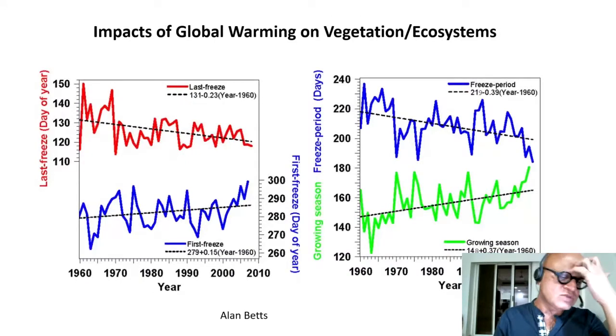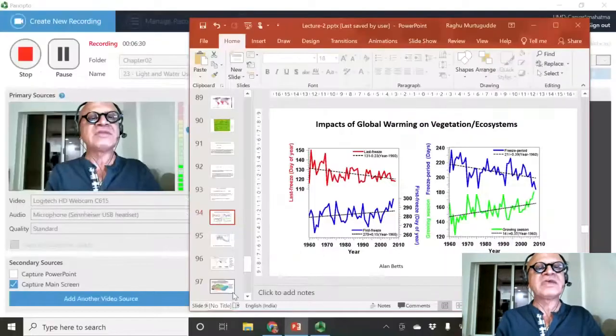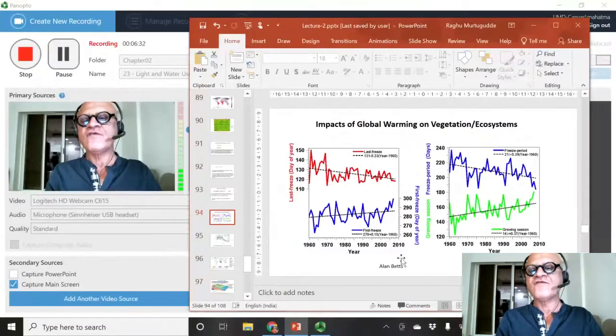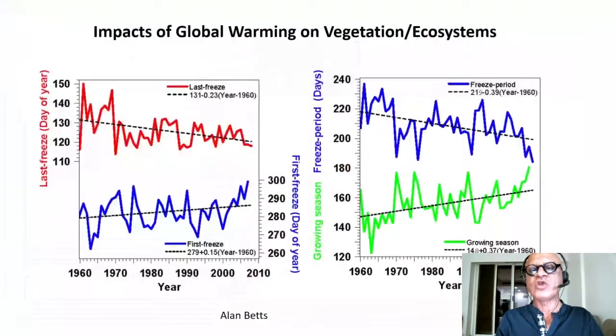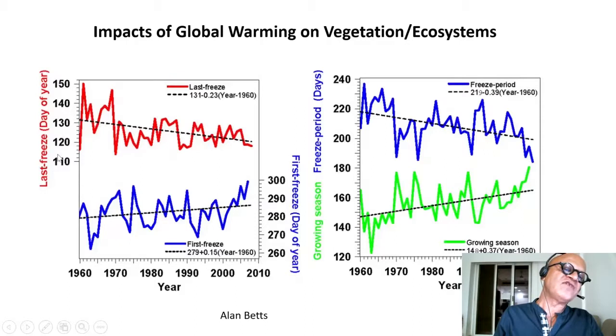Okay, we will use that to see how we will estimate the impact of global warming on vegetation and ecosystems. So here you look at the last freeze day of the year. Obviously it's happening earlier and earlier, which means that the spring is arriving earlier, winter is ending very soon.